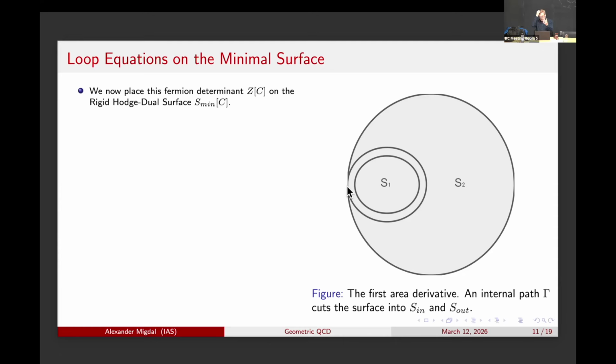If you would find variation with respect to scalar area, you have to multiply it by the tensor vector, which is cross product of the two tangent components of the surface, and that will be the extra factor you need to get area derivative. So when you find the area derivative, you will trap only one fermion loop which touches the boundary, because when you find the variation of the boundary, and your determinant is sum over all paths with the weight exponential of minus metric, only the paths touching the boundary will survive.